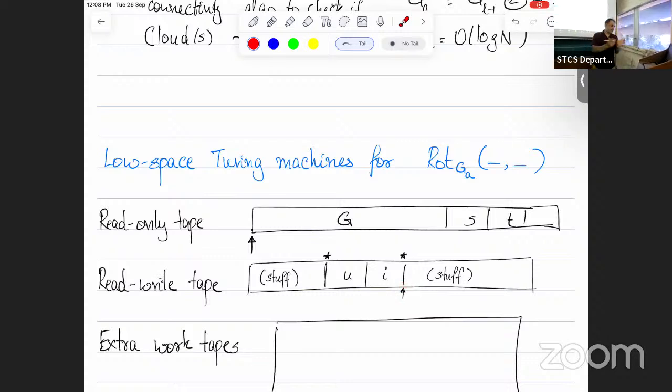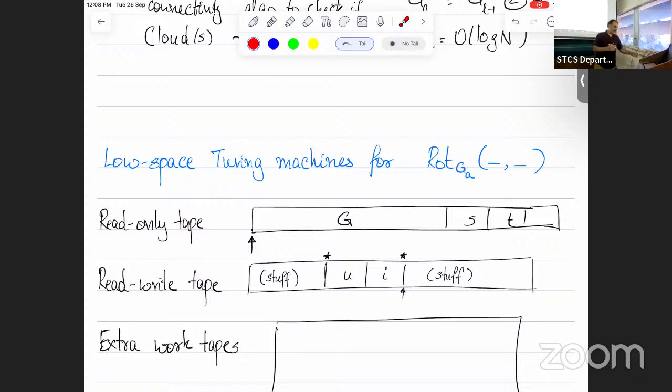But beyond that, there could also be some other stuff, which I don't have any control over. The fact that the head is positioned at a certain point and that there is another marked index to my left tells me what the relevant input is. So u comma i is the relevant input. There is other data on the tape that I'm not allowed to mess up.